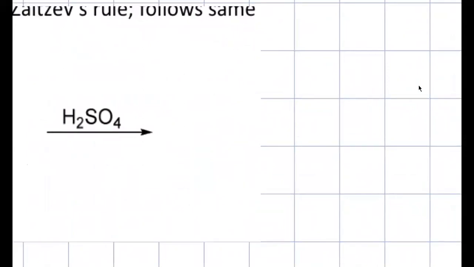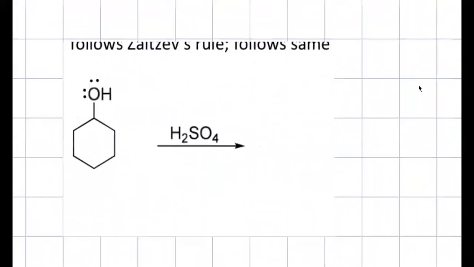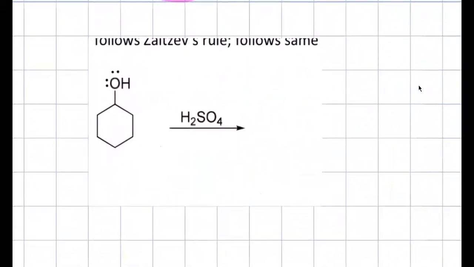I don't know why this is not doing what I'm telling it to do, but that's okay. All right. Let me draw the product, and then we're going to talk about the mechanism. So here's the product. This is a classic example of an E1 elimination.